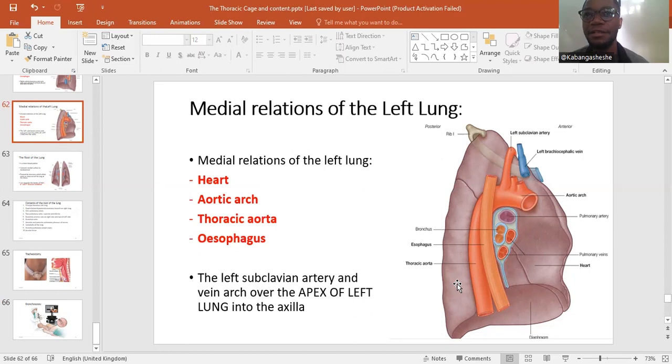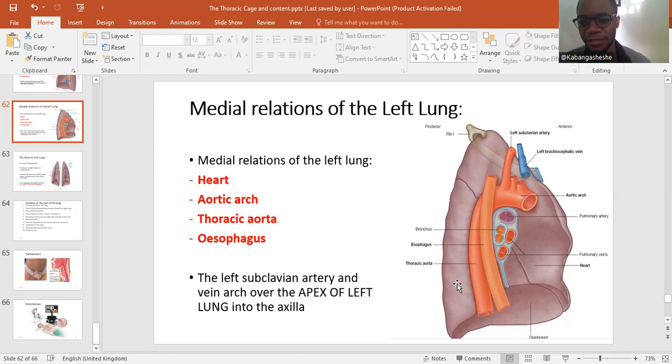Now, this fluid is maintained within constant, normal ranges. For example, if 20 mils is produced in 24 hours, then 20 mils is reabsorbed in that 24 hours. So at any given minute, the amount of fluid in the pleural cavity is constant.